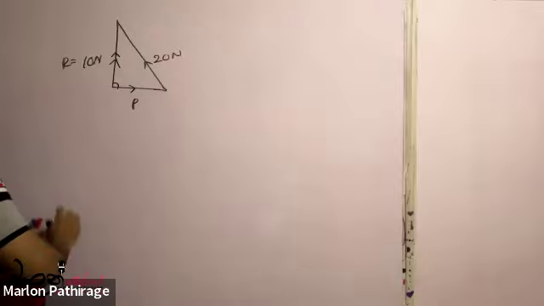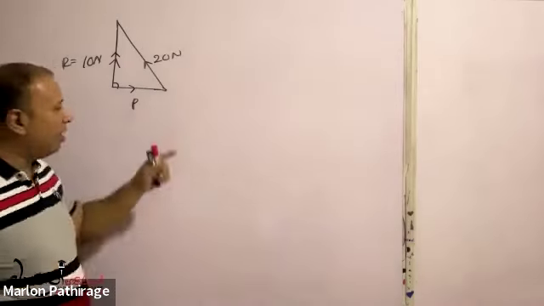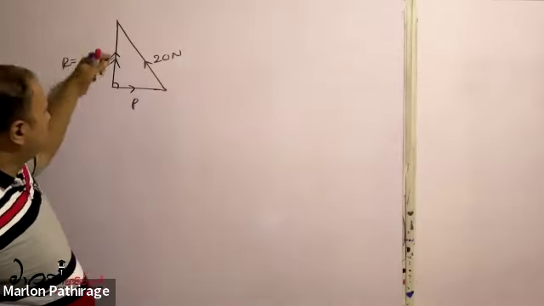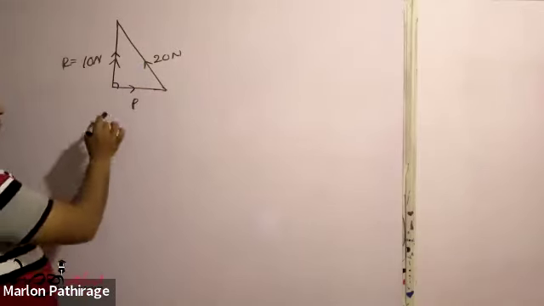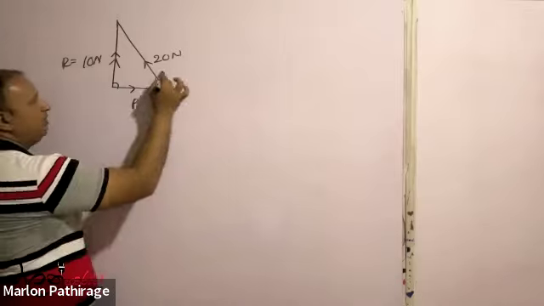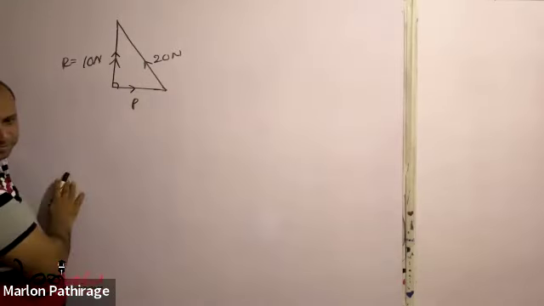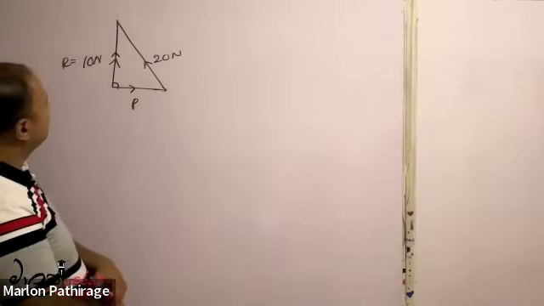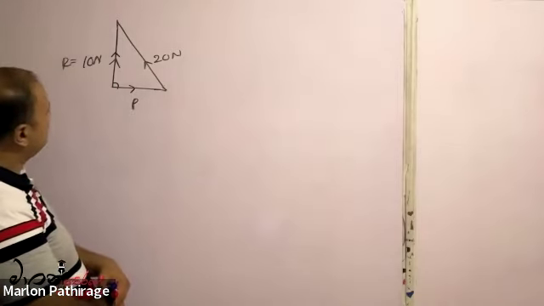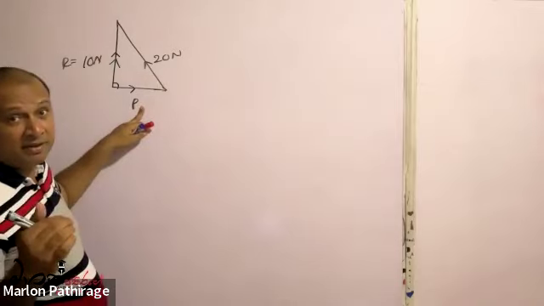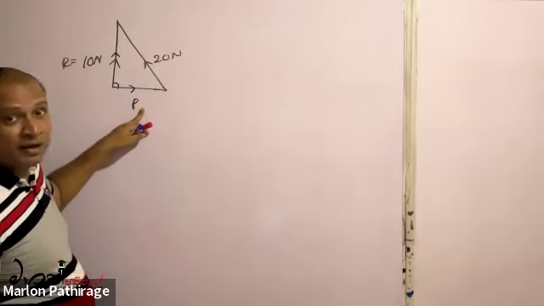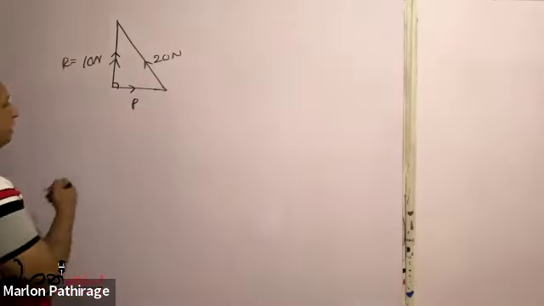If you apply vector triangle principle, this one is 20. Therefore, you can apply Pythagoras theorem to find P.